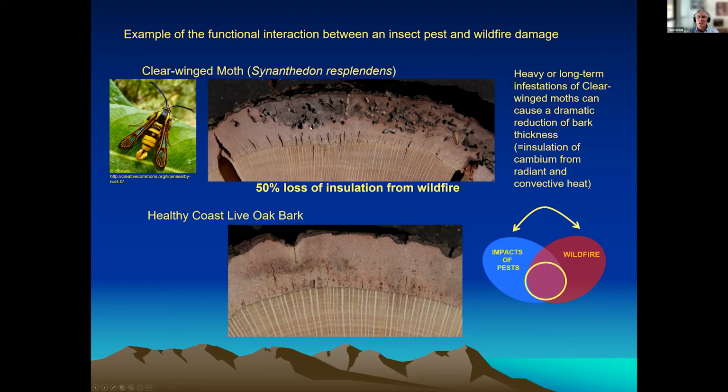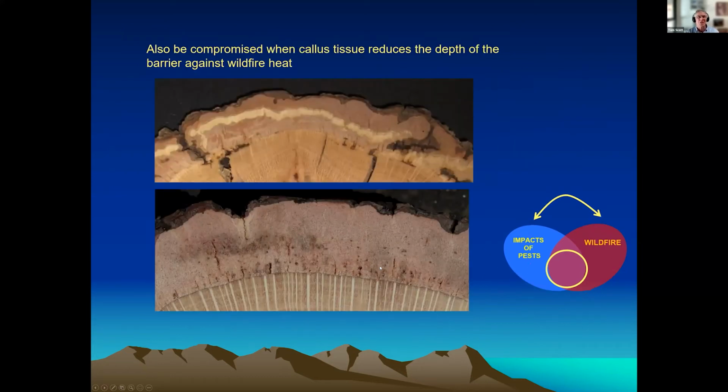It's also inadvertently introduced pathogens. So what's happened now is the amount of tissue that the tree could actually use to defend itself against radiant, convective, or even combusting heat is basically cut by over half. So in this case, this tree is no longer nearly as well protected as a tree which hasn't been attacked. And so this moth, by having done this damage, has basically hastened the possible demise of this tree in a fire. And that's one of the best synergistic things I can say.